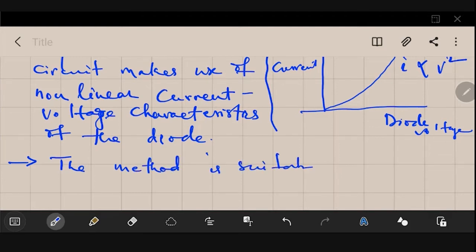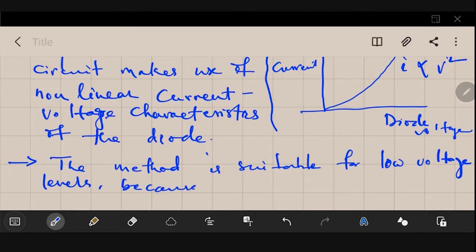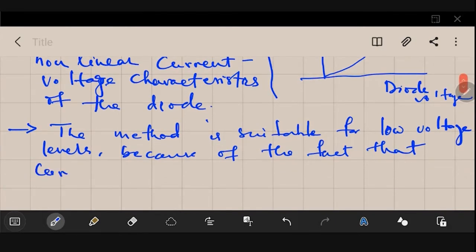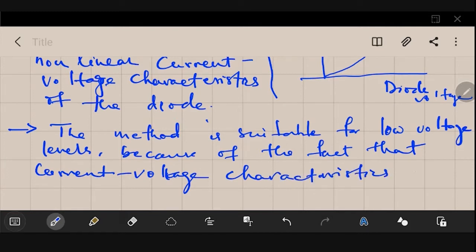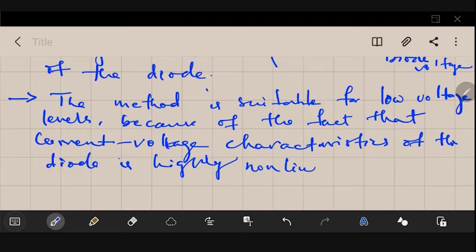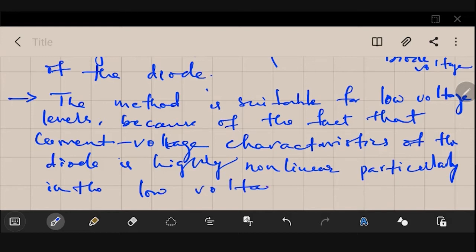So the method, let me write that, you could note it also, that the method is suitable for low voltage levels, because of the fact that the current-voltage characteristics of the diode is highly nonlinear, particularly in the low voltage region.